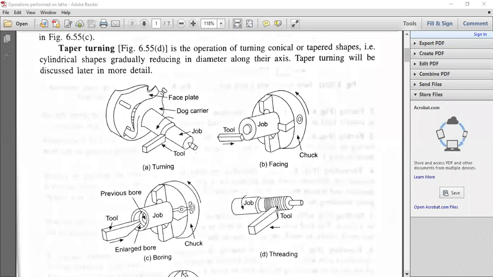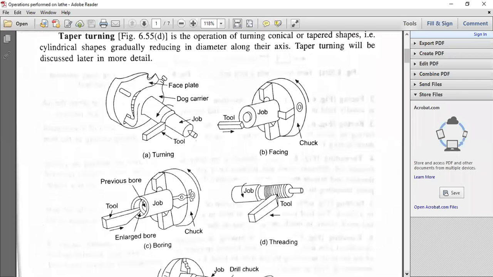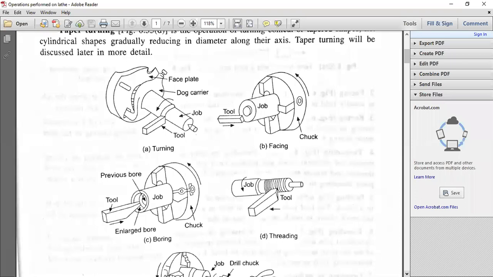And threading operation. Threading operation is nothing but using the lead screw of a lathe. You unlock the other mechanisms, and whatever spindle speed is required for threading operation, it should not be like the spindle speed for facing and turning. You have to take everything into consideration for the threading operation.